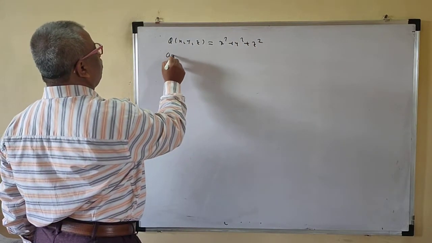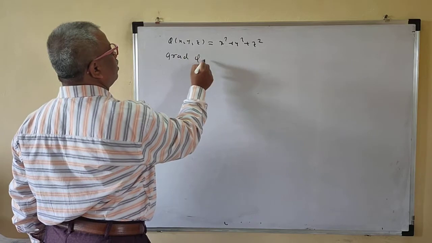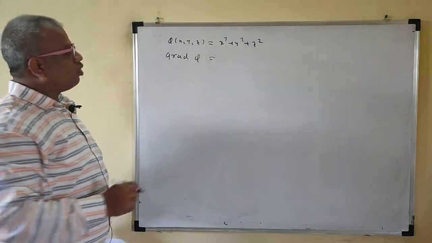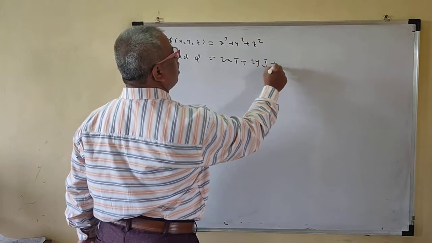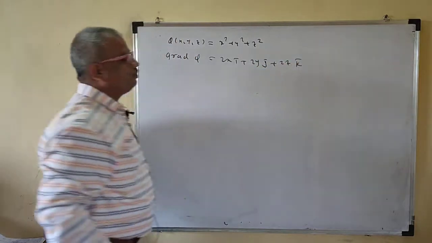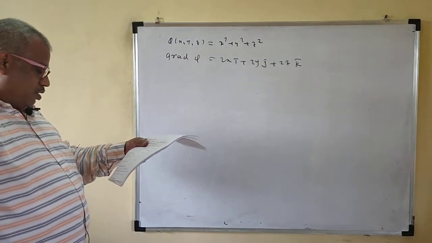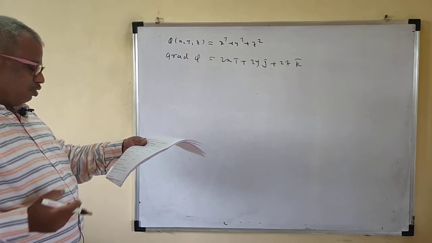Then what is grad phi? Easily you can do: 2x i bar plus 2y j bar plus 2z k bar. So this is the grad phi.